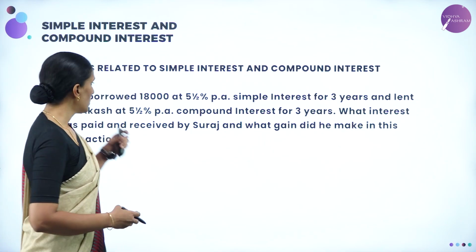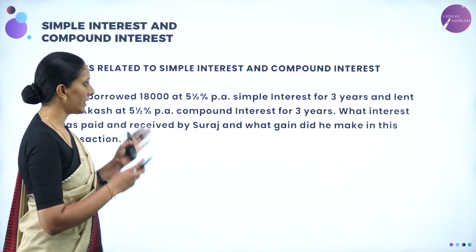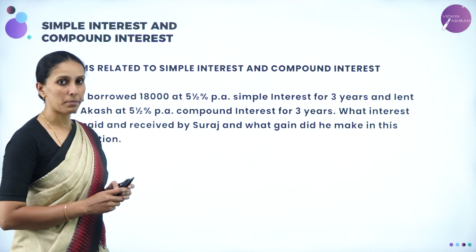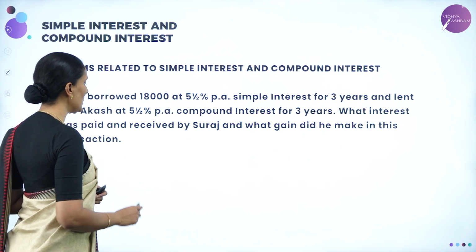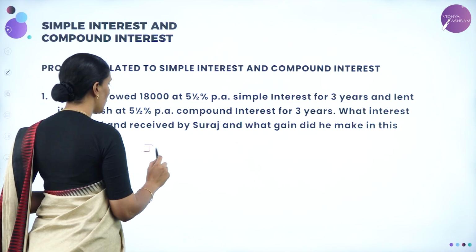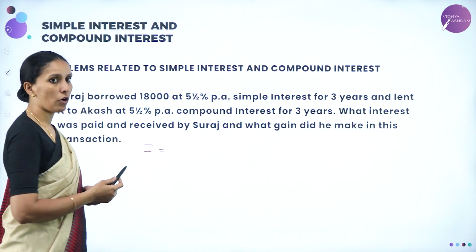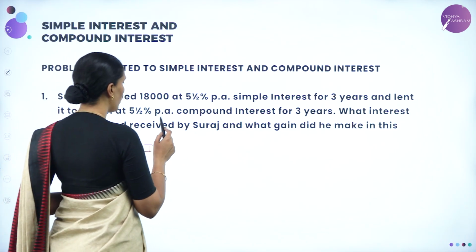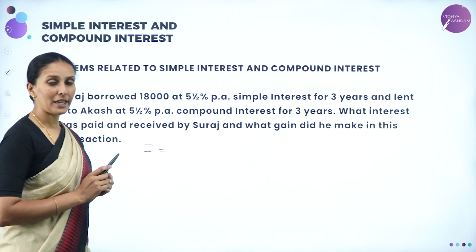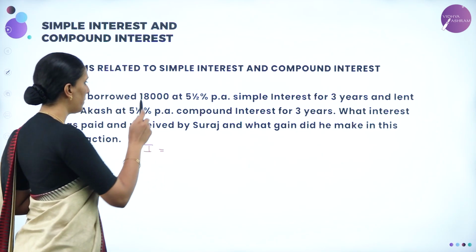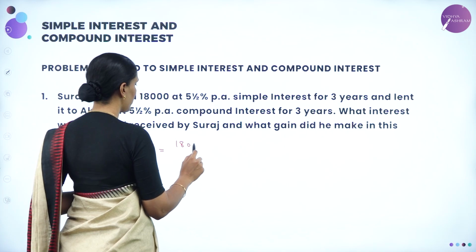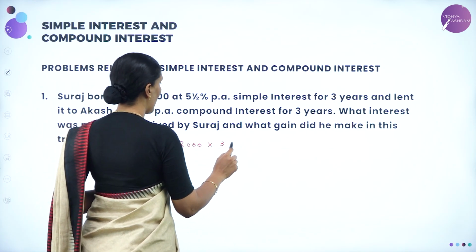So here Suraj has borrowed some amount of money at 5.5% per annum simple interest for 3 years. So first let us calculate the interest which he has paid for rupees 18,000. So we know the simple interest formula is PTR by 100. So principal, time and rate of interest.